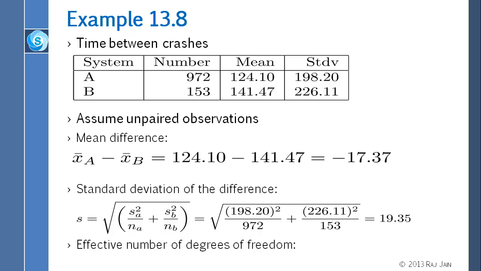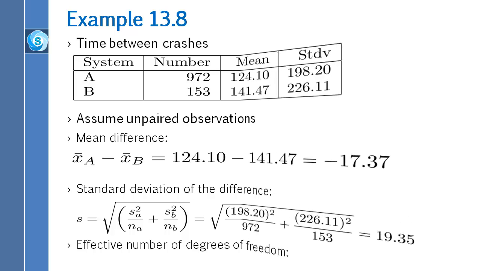And we want to compare the systems on reliability, right? There is no relationship between these two sets of crashes, and no relationship between any of the crashes and any other crashes, so we have unpaired observations. We compute X bar and the difference, we compute the S, and we compute the degrees of freedom.